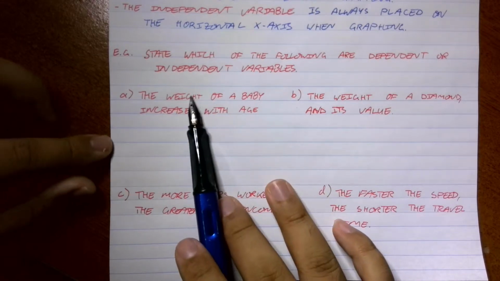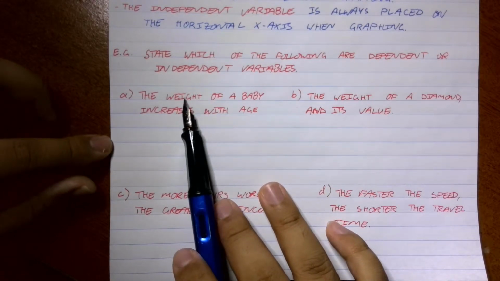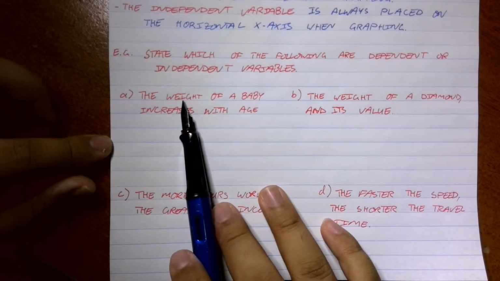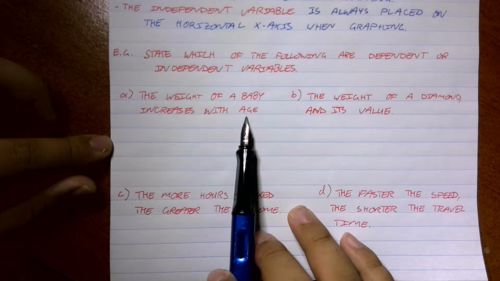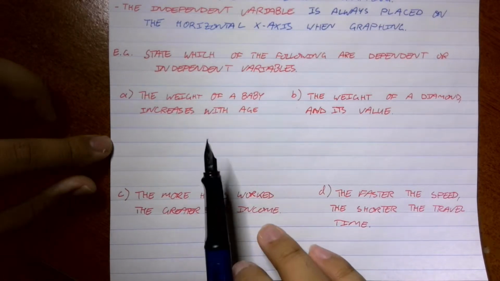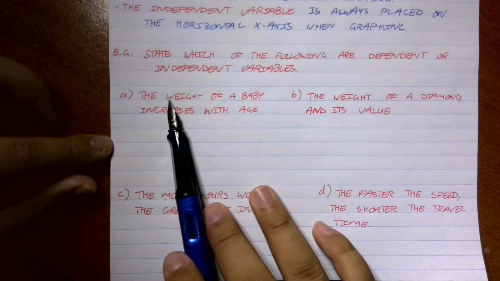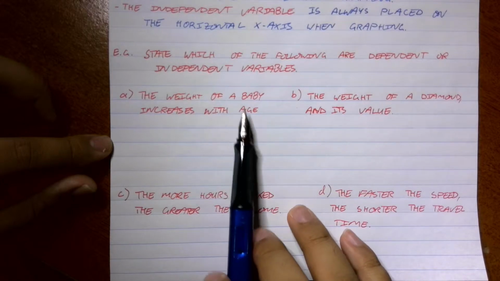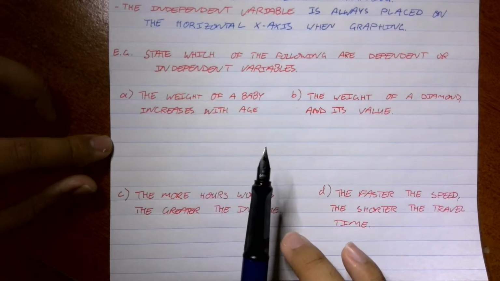Now let's figure out whether the weight of a baby is affected by the age, or is the age affected by the increase of weight? Well, you'd expect that the older a baby gets, the heavier they start becoming.